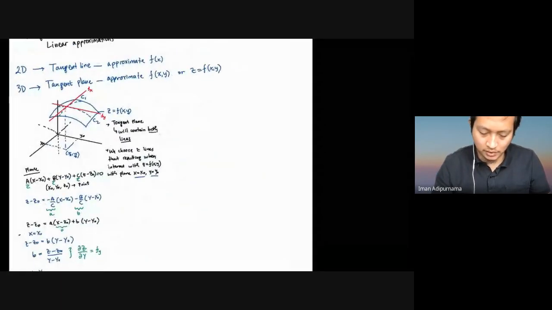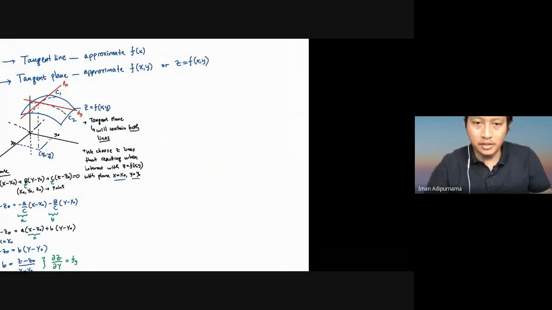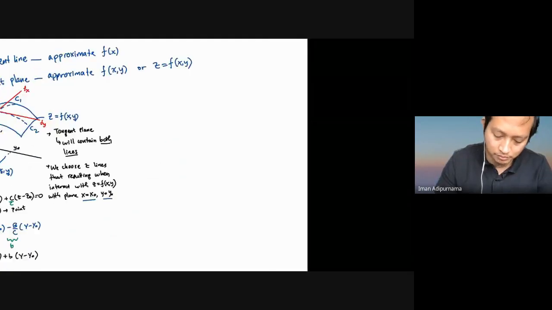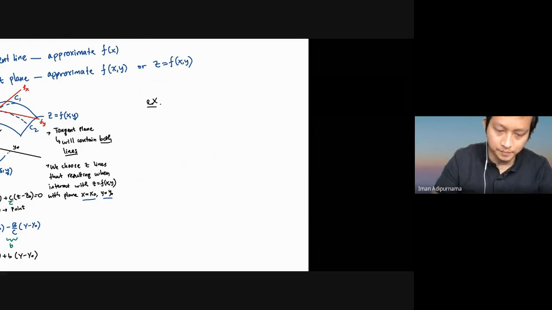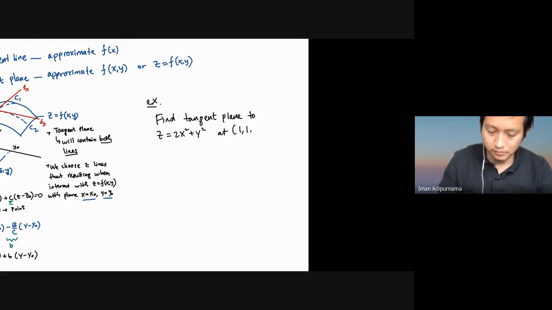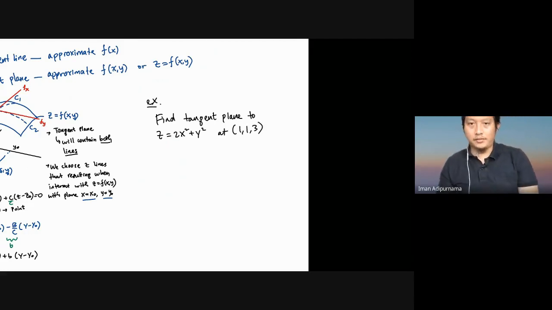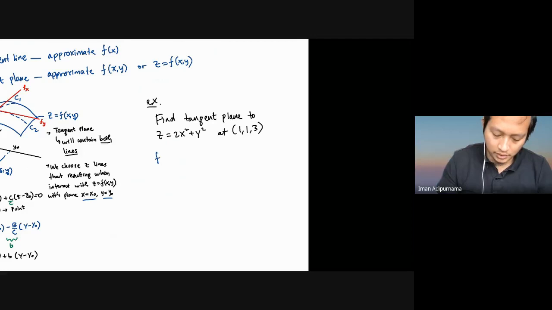Maybe I can show you some example on how we can use it directly. So let's just use some direct example. For example, if you need to find the tangent plane, we can also write this z as a function of x and y.